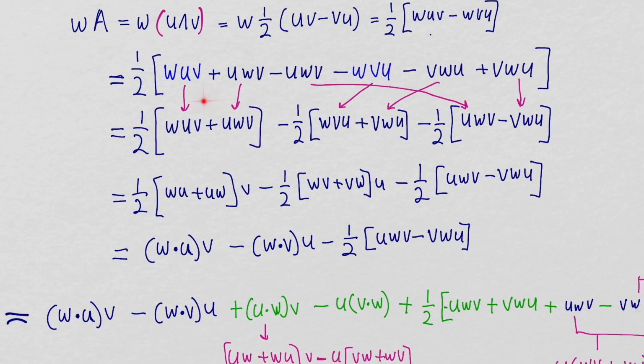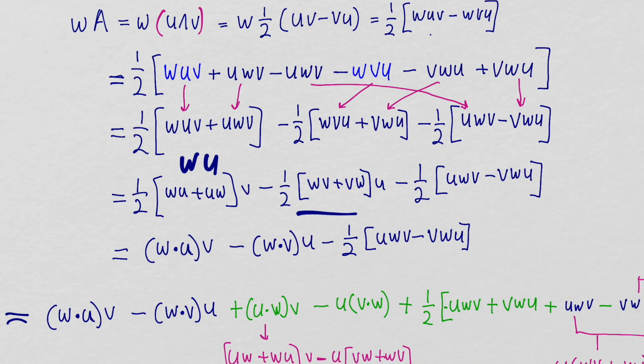What's nice about this first piece that we've regrouped is that we have V at the back, so I can pull a V out. And then the second one, I have U at the back, so I can pull a U out. And this third one, I don't have V or U at the back, or U or V at the front, so I leave it alone. And what's important now is I look at this, and that's the symmetric part of the spacetime product of WU.